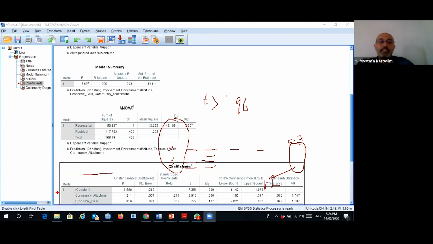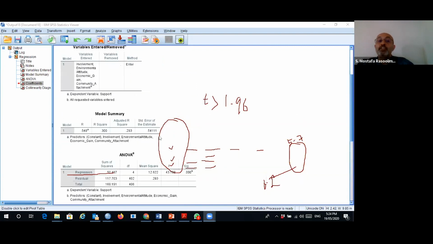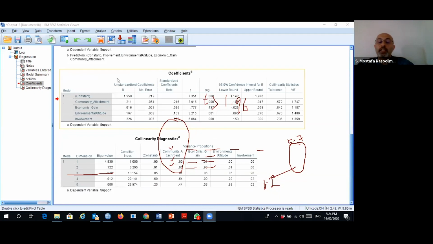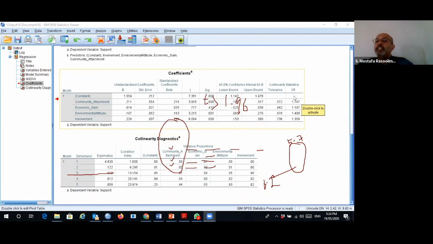So these are the two tables that are worthy to interpret, and you have to interpret. First one is the model summary, and the second one is the coefficients. For the collinearity diagnostics, you have the information here, so no need to go to this table.